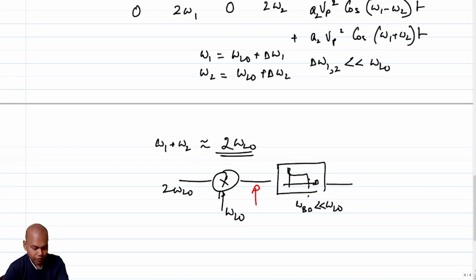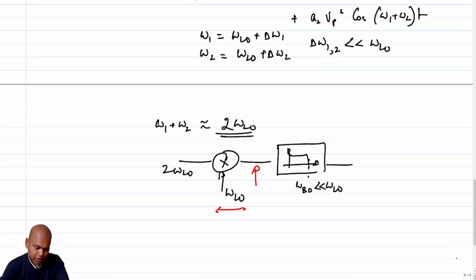So if I assume this is a sinusoidal LO, right? Okay. So which means that whatever low pass filter I have, that is going to filter out this component.